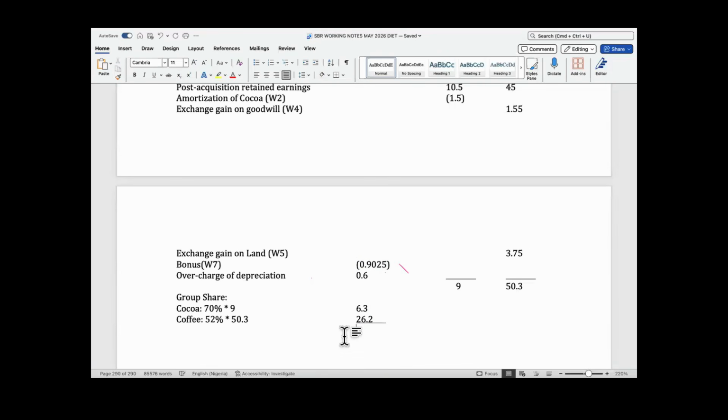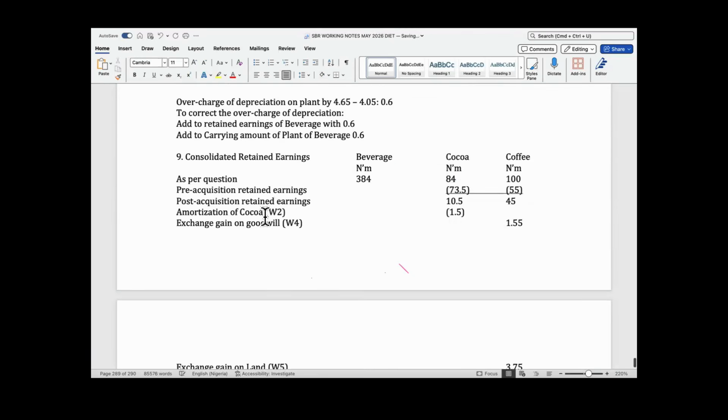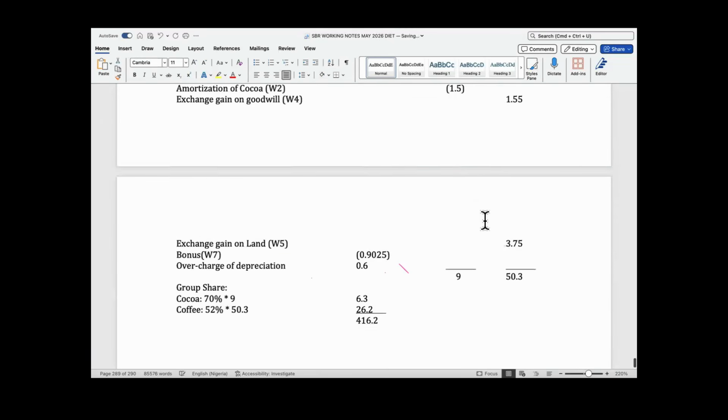Yes, it's 384. That gives 416.2. Okay, so that's my consolidated retained earnings.